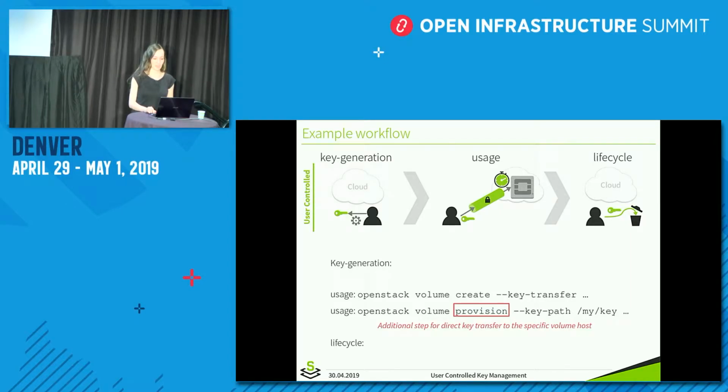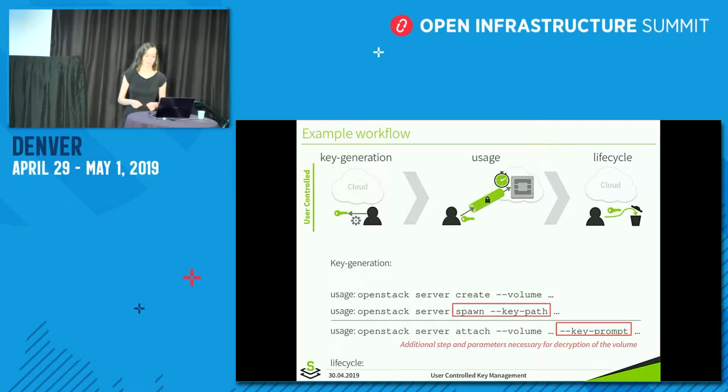That's for the volume. The same thing goes for the server. We use the openstack server create --volume and use an E2E encrypted volume. Now the create stops at that point where the host is scheduled. We know which host the VM will be spawned on.